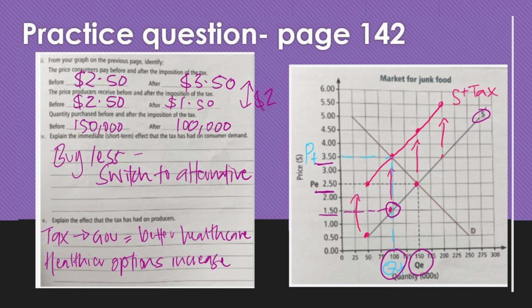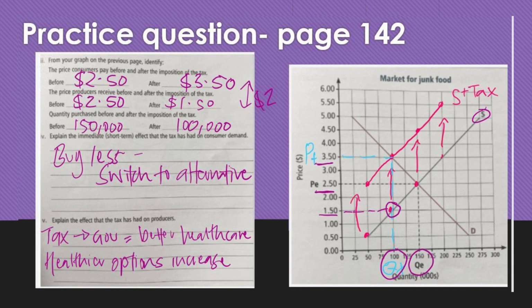Quantity purchased before the tax, that was our equilibrium point, and I've circled that QE. You can see there 150,000. After the tax though, our quantity goes down, where I've circled it again with the blue, down to 100,000. And then the next part of the question, explain the immediate short-term effect that the tax has on consumer demand.